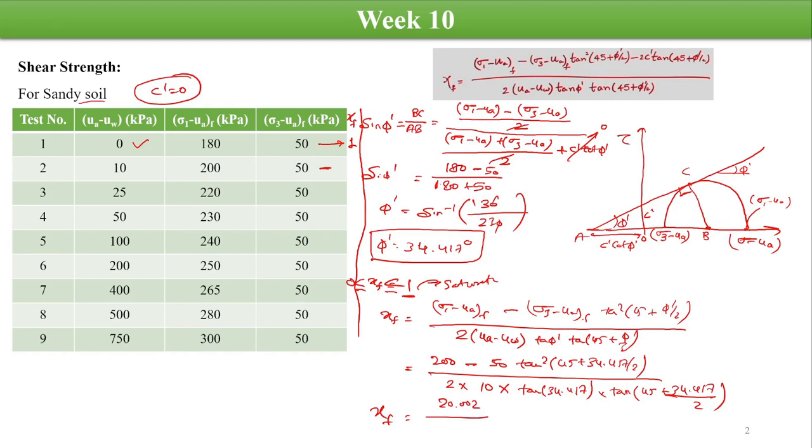This will be divided by 2 into 10 into tan 34.417, multiplied by tan 45 plus 34.417 divided by 2. So it will be 25.999. So the value of xi f will become 20.002 divided by 25.999, so it will be around 0.77, right?